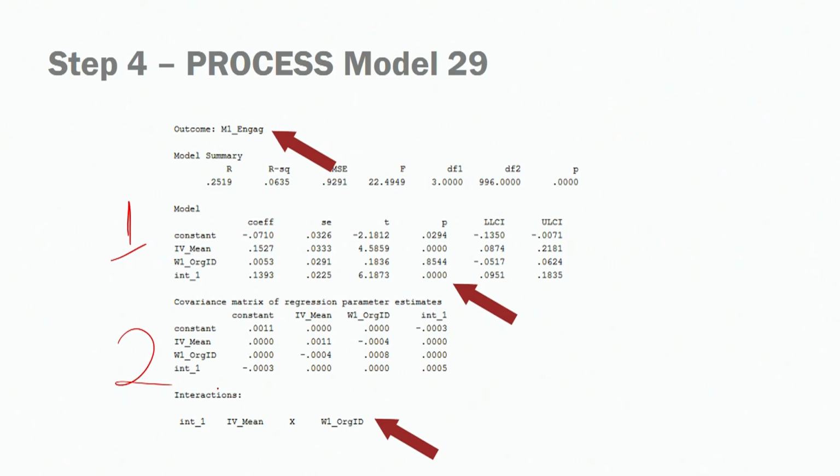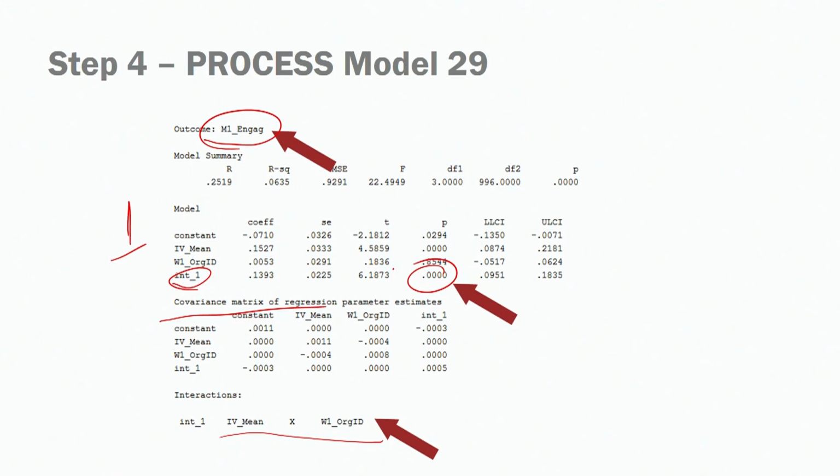Or actually, in this case, you'll see just one step with the covariance matrix. So in step 1, you will be looking at the interaction term 1 and that effect on job engagement. And the interaction term 1 should be meaningfulness times organization identification.